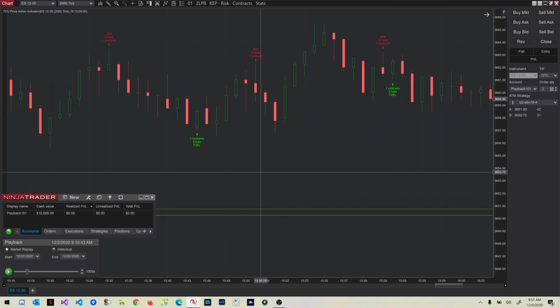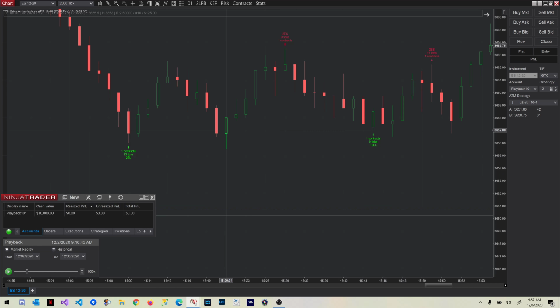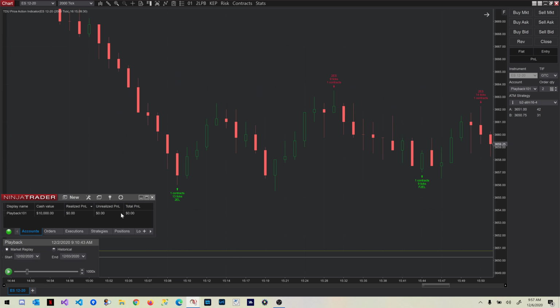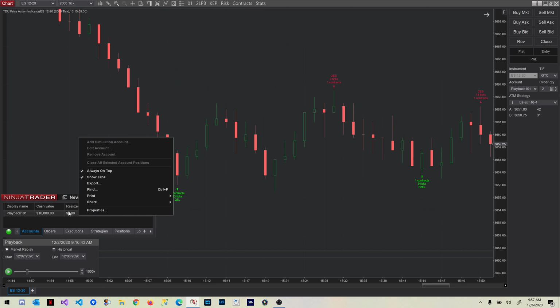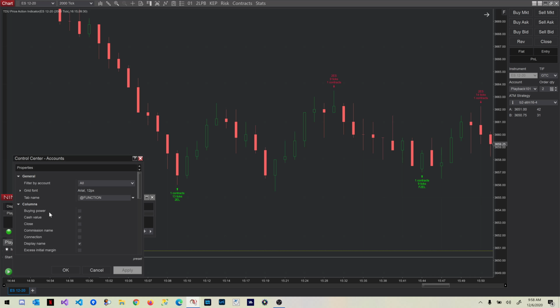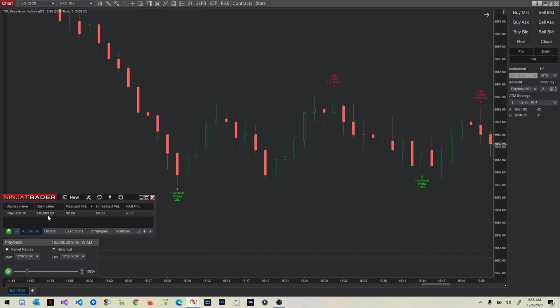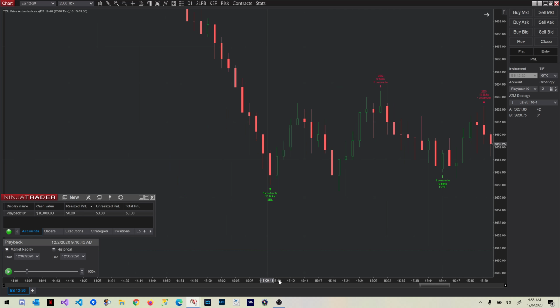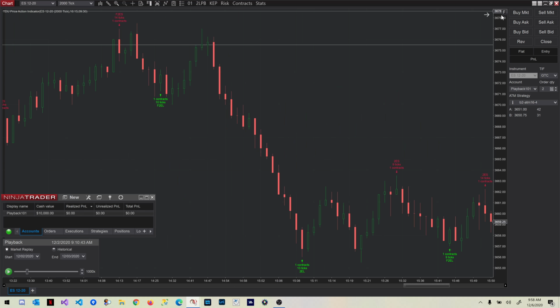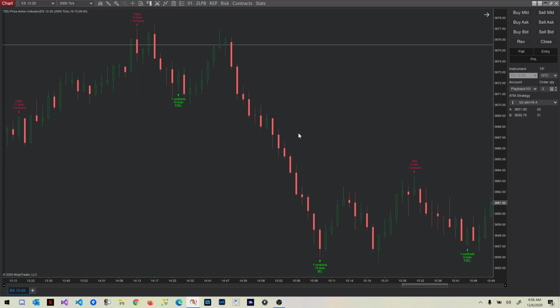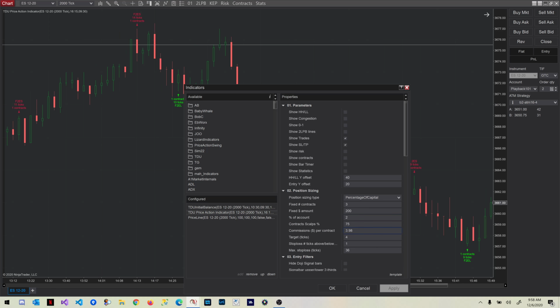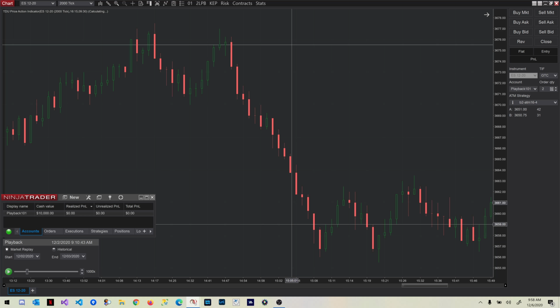The problem is my account. I'm using a SIM account, as you can see, in playback mode, but there is not much cash in it, so I'm only getting 1 contract everywhere. Okay, we can change that, no problem. I'm just going to increase it like this. Okay, so that should work, and now we should see different contracts.